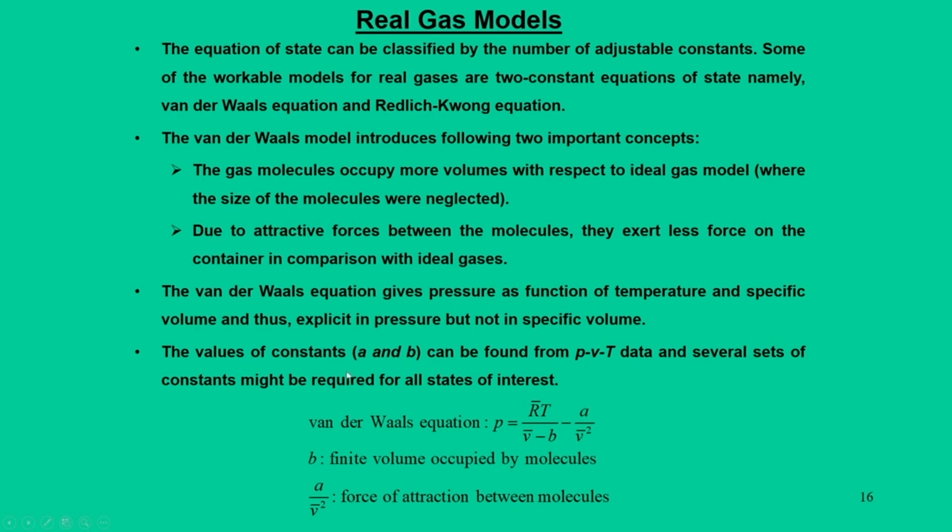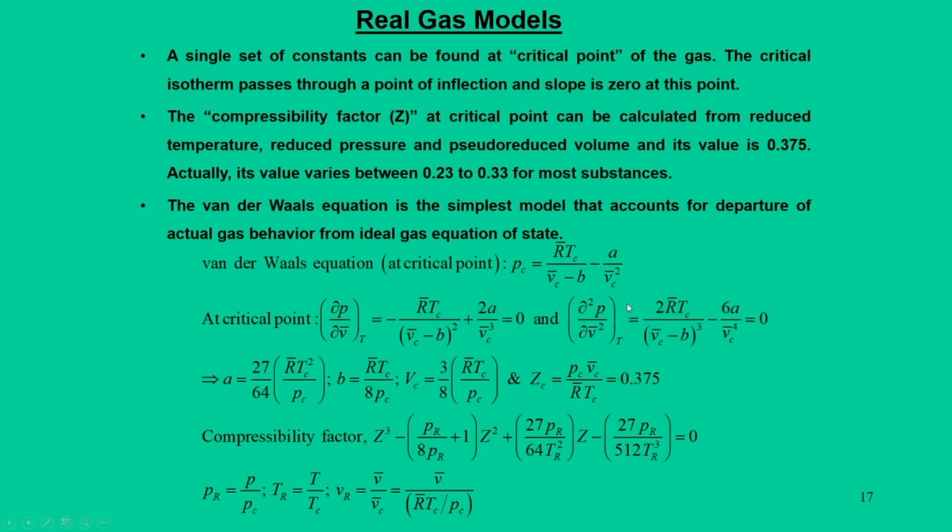The constants appearing in this equation, A and B, must be found from PVT data. Now how do you find the constants for a real gas model, in particular for the Van der Waals equation?